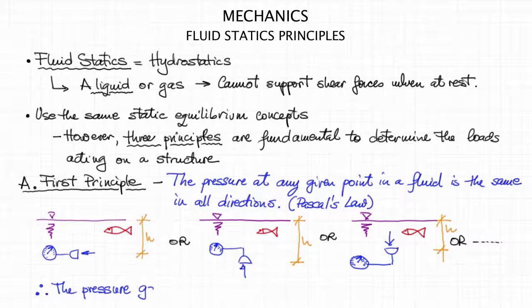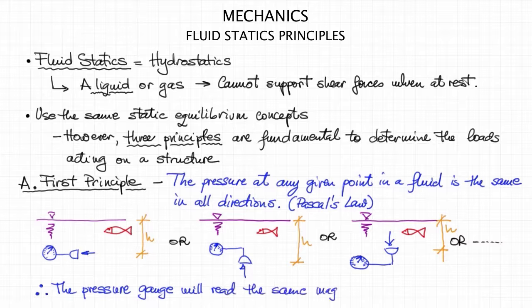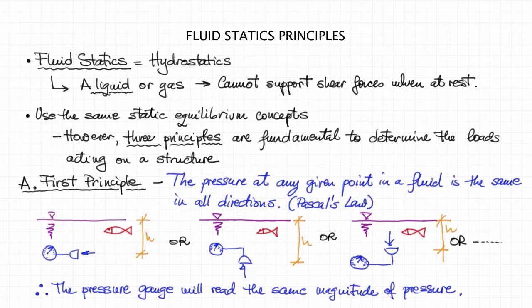So in other words, as the first principle states, the pressure will not change at a given point in a fluid depending on the direction in which it is measured. So it's equal in all directions. The pressure at a point is equal in all directions. That is the first principle.